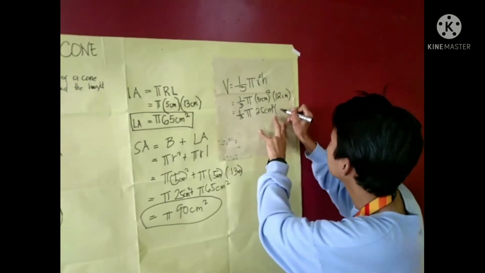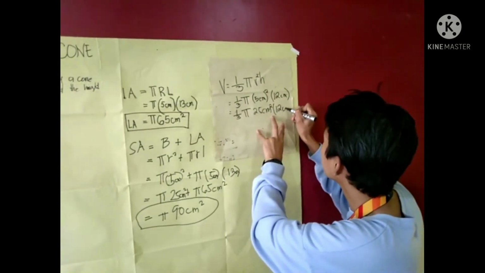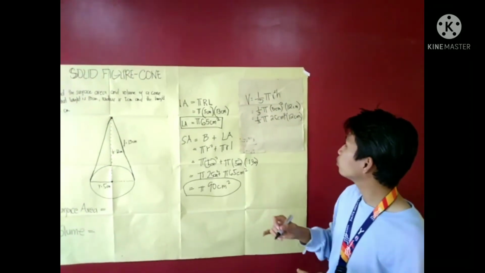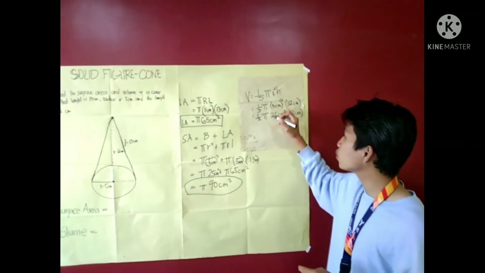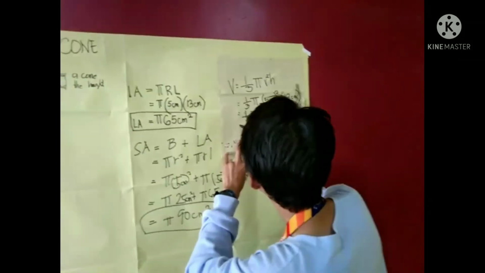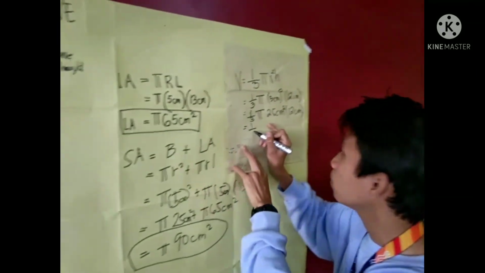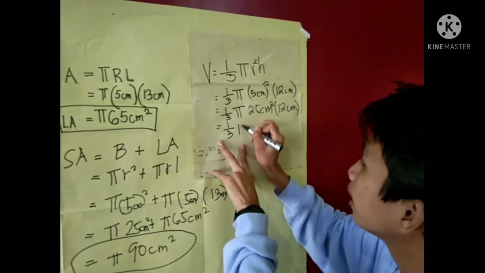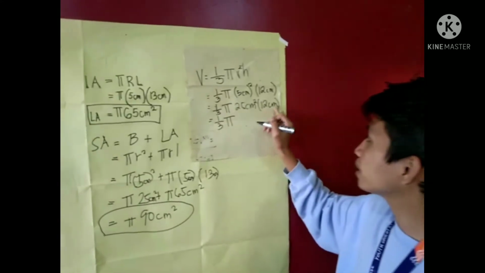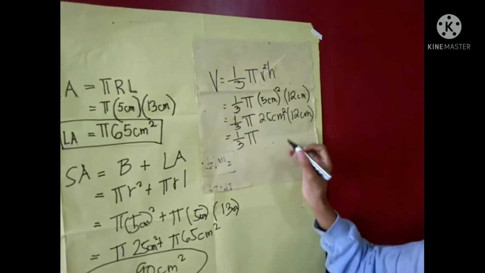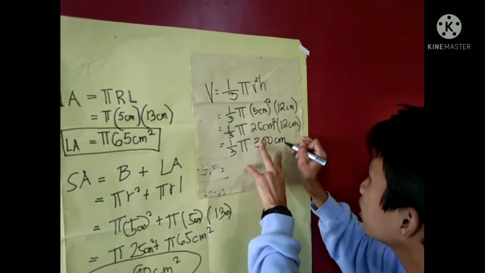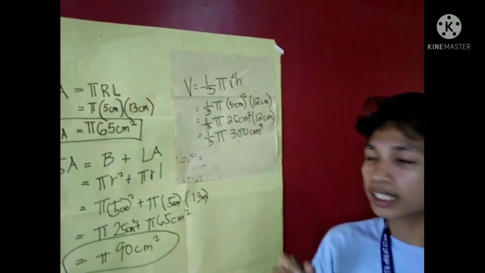Then copy the 12 centimeters. The next step is to multiply the 25 centimeters squared by the height, 12 centimeters. 25 centimeters squared times 12 centimeters is equal to 300 centimeters cubed.